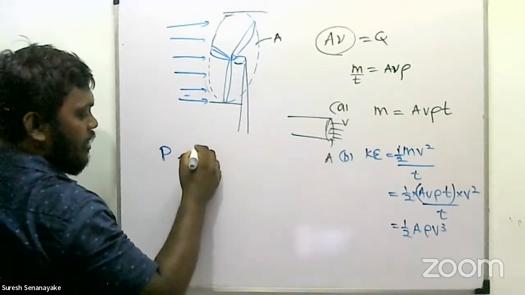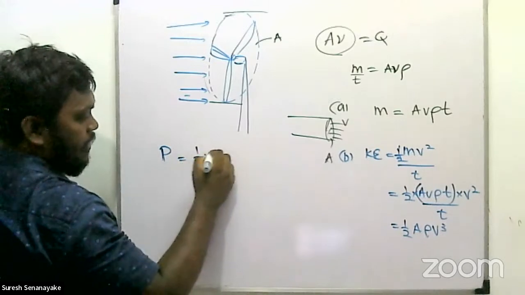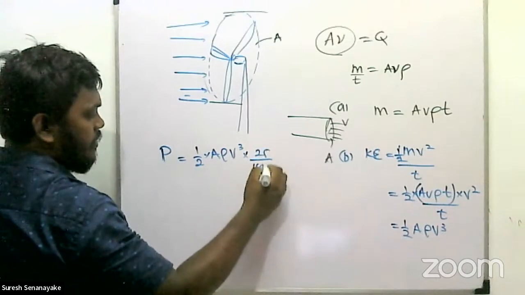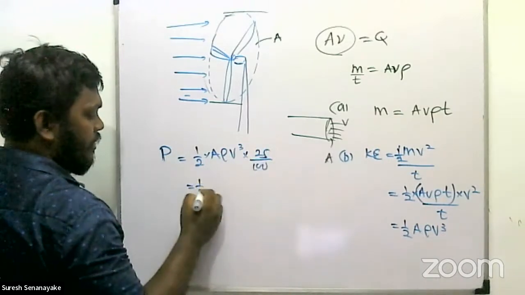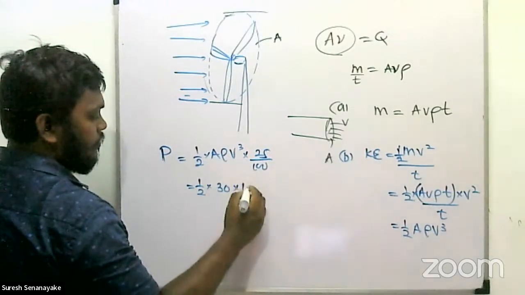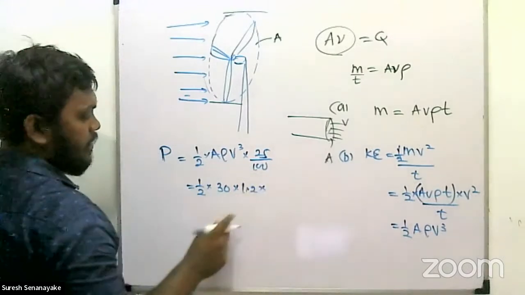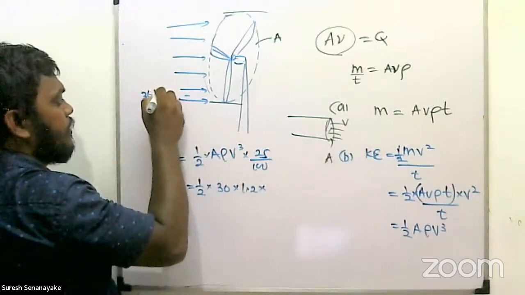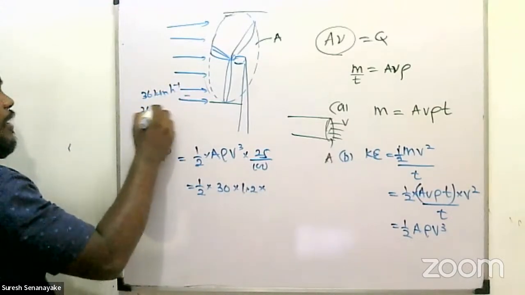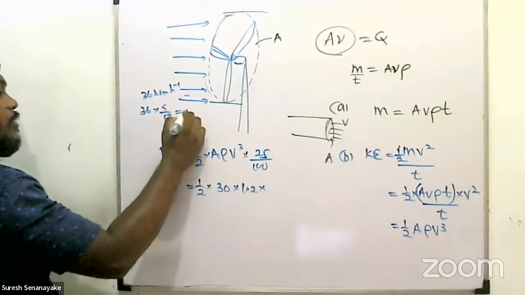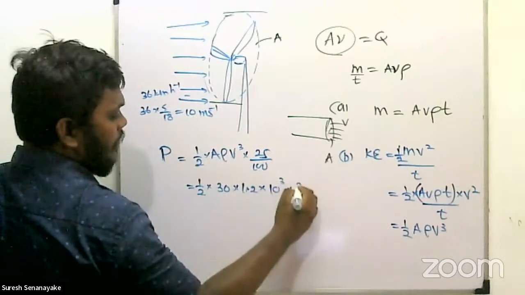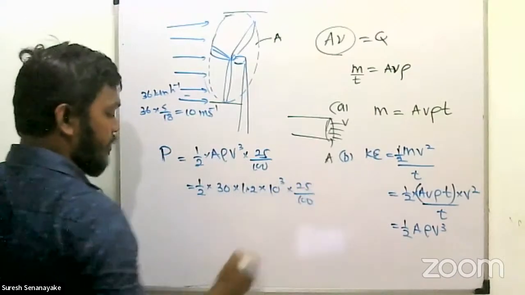That is 25% of half A rho v cube, where A is given as 30 and rho is 1.2, and v is given as 36 kilometers per hour. You need to multiply it by 5 over 18 to convert into meters per second. Then it is 10 meters per second, so 10 cubed, and 25% of this energy.